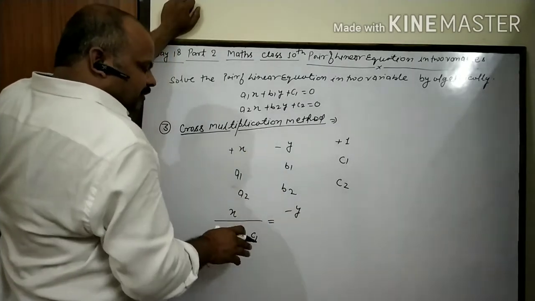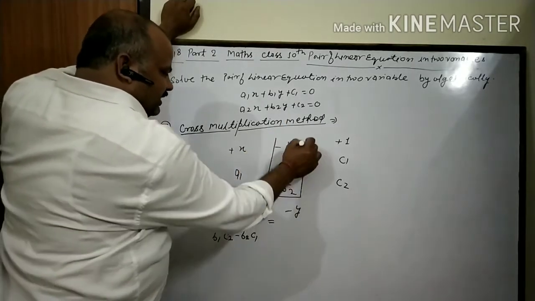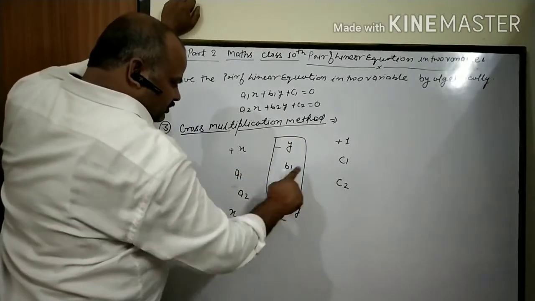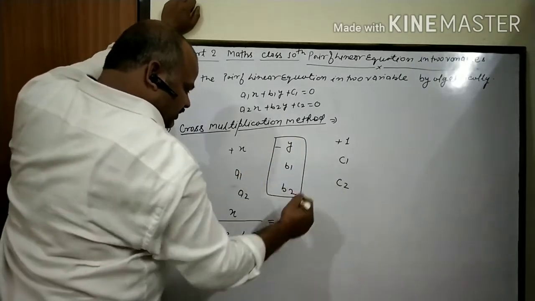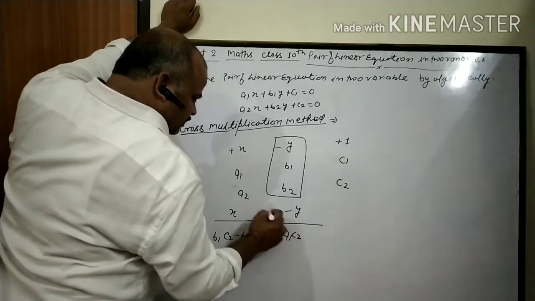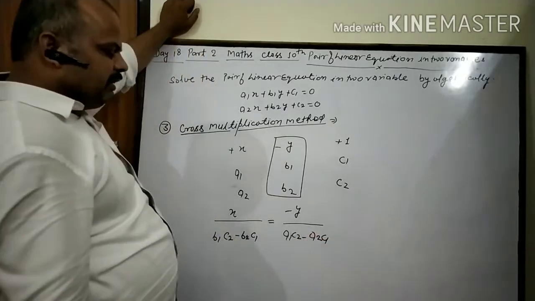b1 c2 minus b2 c1 is equal to minus y. If you want to write the denominator of y, you can see this value is not here. Then what is it? a1 c2 minus a2 c1. Then it will be written a1 c2 minus a2 c1. Clear?